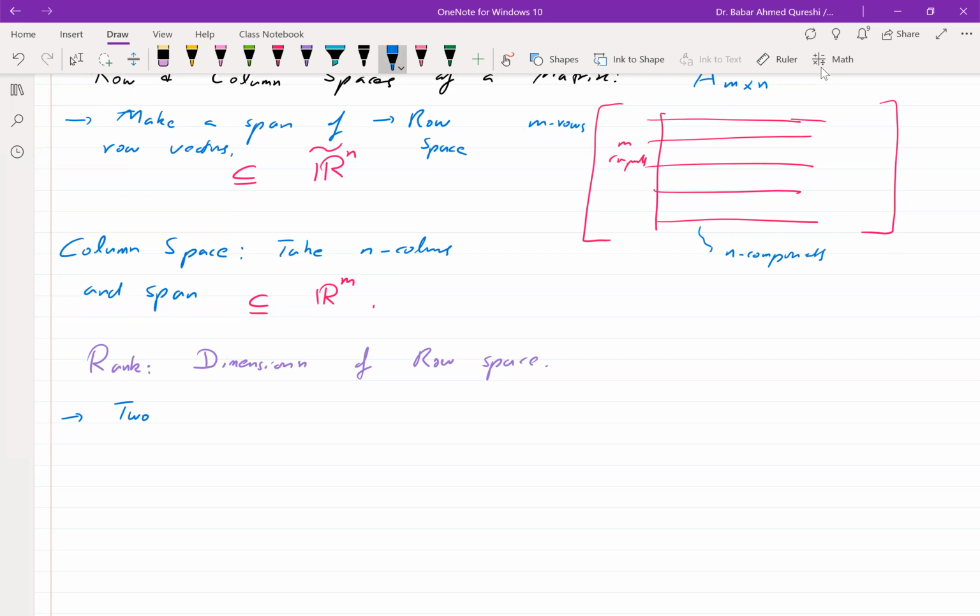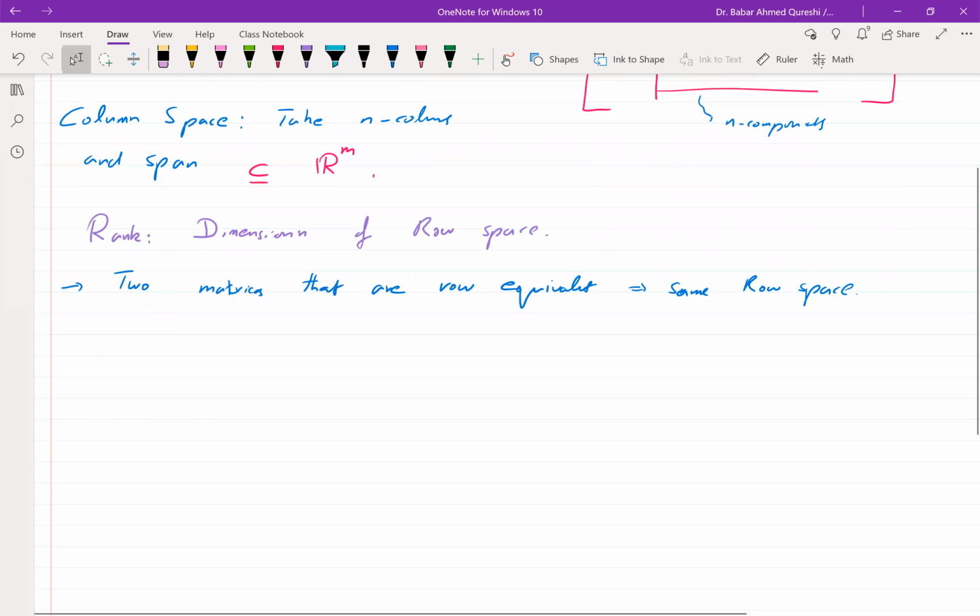It's very simple, that two matrices that are row equivalent have the same row space. When you go from one matrix to another by row operations, you're just making more linear combinations of the rows. So that doesn't take you out of the row space.